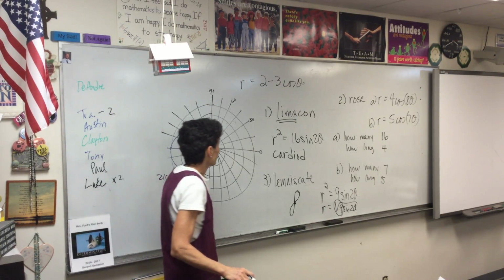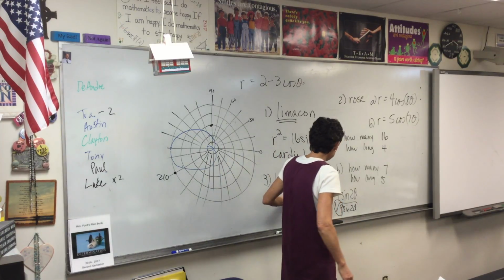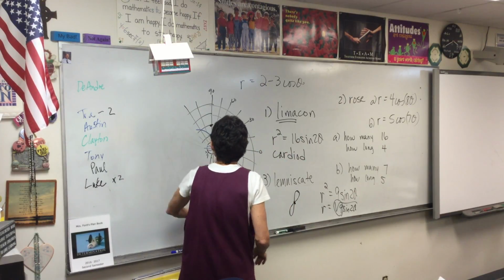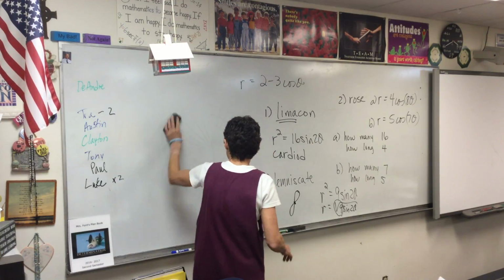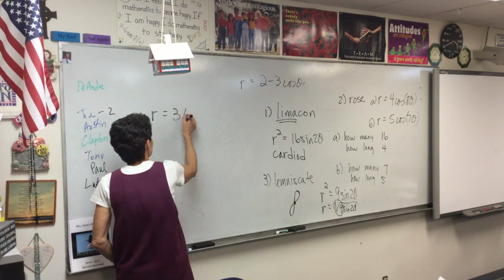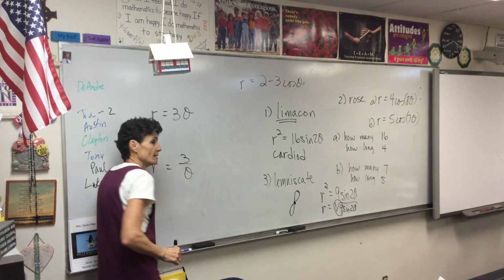Okay? So we got the limacon, the rose, the lemniscate. What's the 4th classical curve? The spiral. And spirals are of 2 forms. You can have a spiral that looks like this, and you can have a spiral that looks like this.